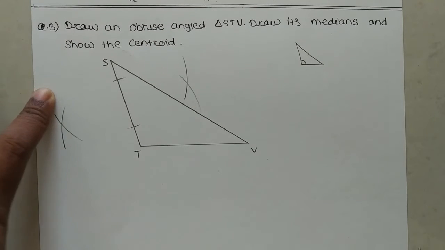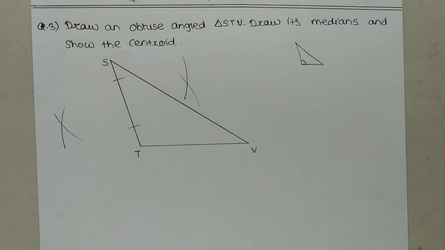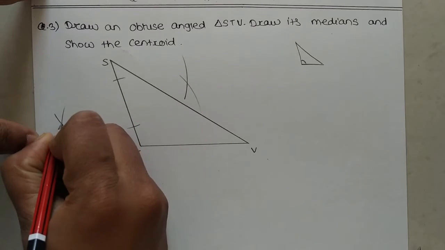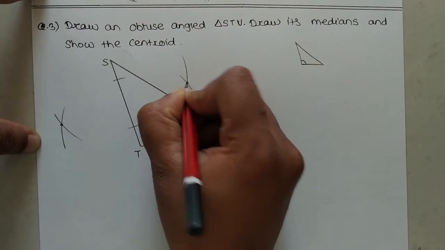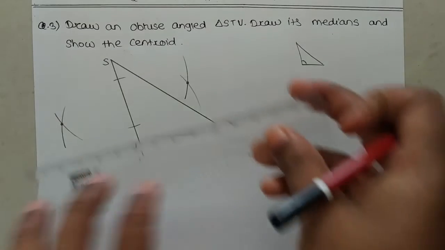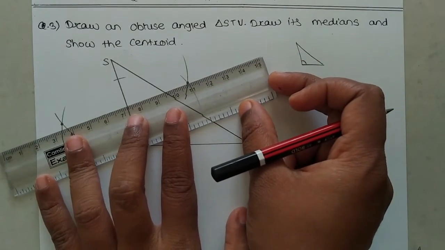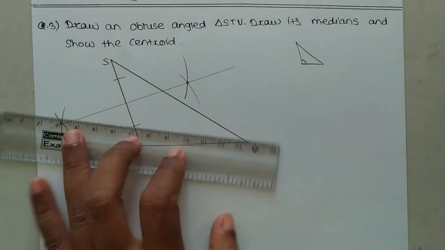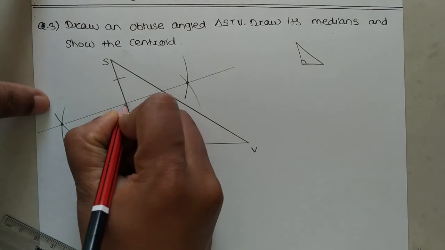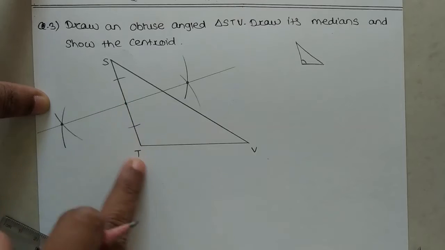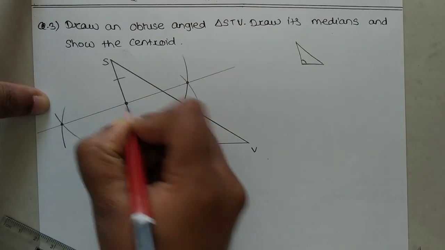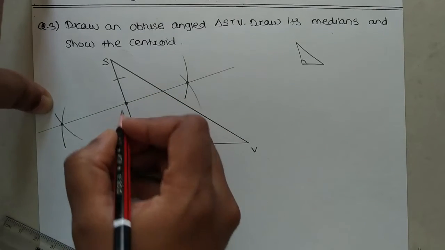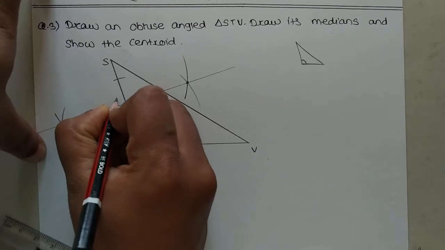Now we get the new points, this one is first and this one is second. So draw this line. Clear? So this one is the midpoint of side ST. Suppose we name it as P.